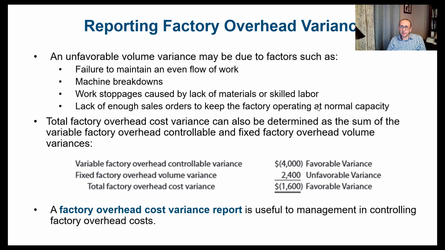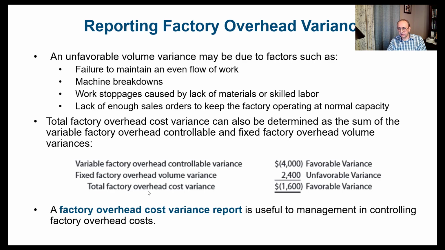So total factory overhead cost variance can also be determined as the sum of the variable factory overhead controllable and fixed factory overhead volume variances. Remember, our variable factory overhead controllable variance was a minus 4,000, which is favorable, but our fixed factory overhead volume variance turned out to be a positive 2,400, which is unfavorable.